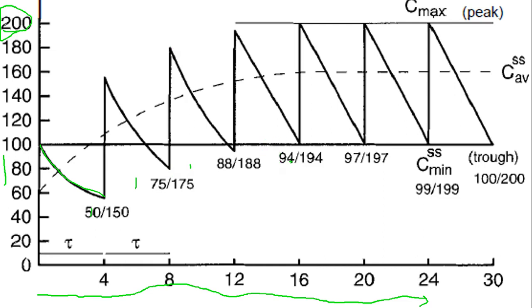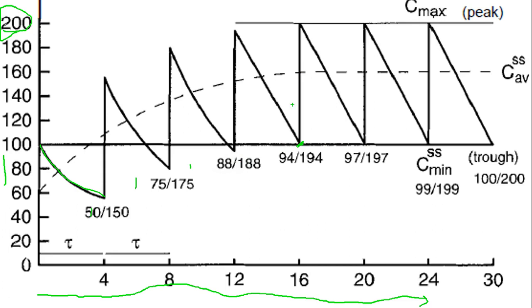Similarly, after 4 half lives, the plasma level of the drug will start to plateau. Okay, what is plateau? For now just remember that after 4 to 5 half lives, the drug level starts to plateau.